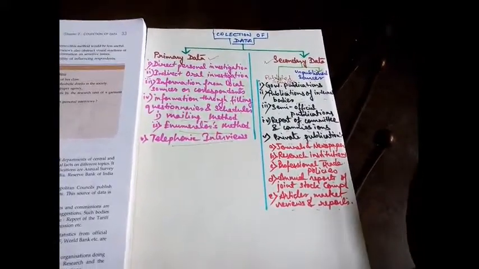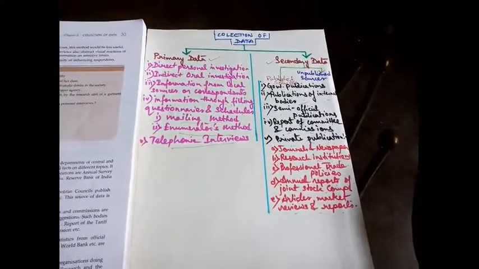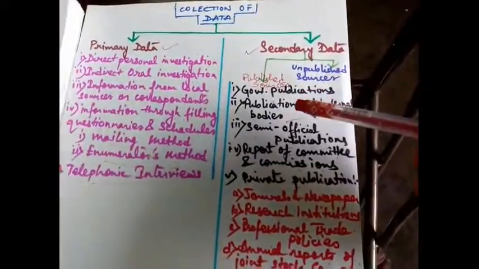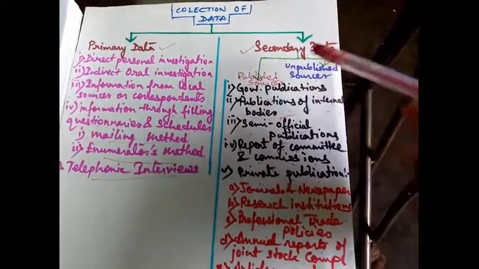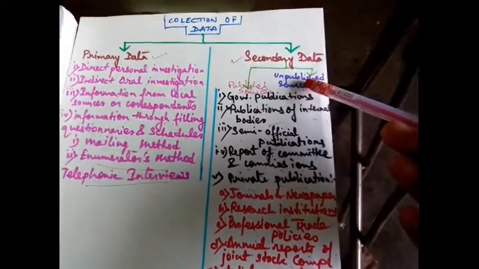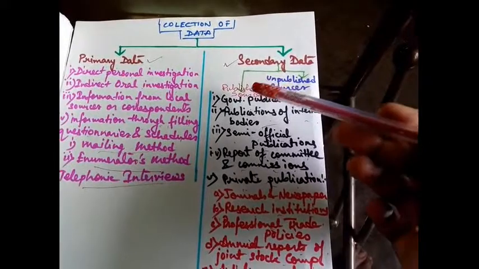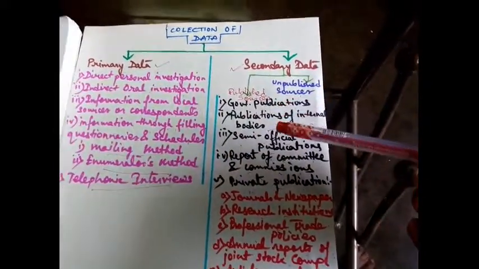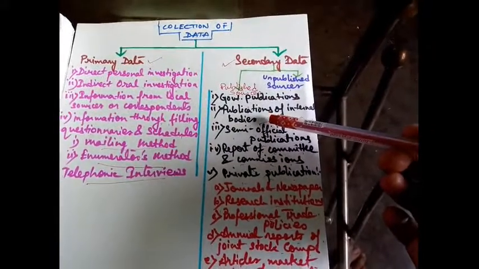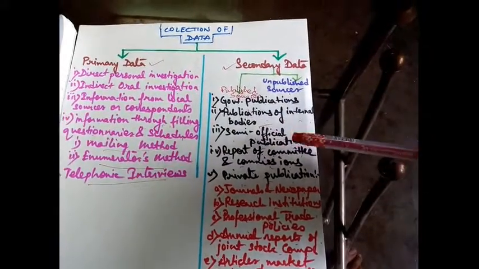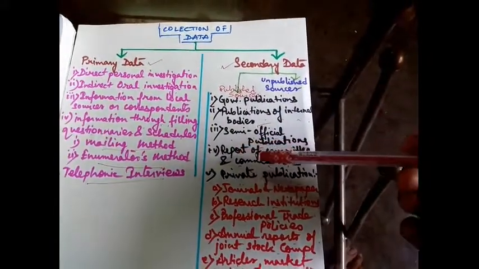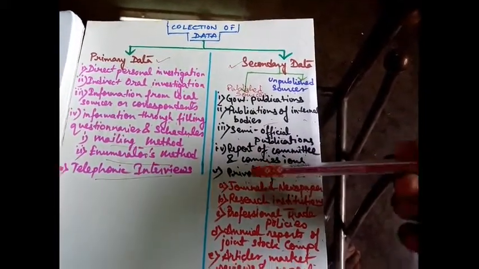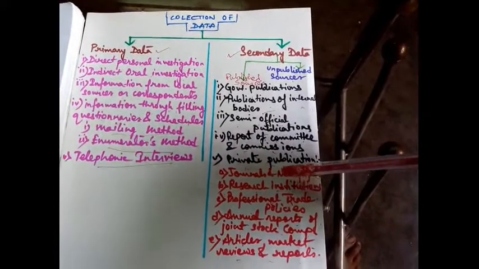So there are two sources to collect this secondary data. Here I have written for you published source and unpublished source. Under published source there are many things: government publications, publications of international bodies, semi-official publications, reports of committees and commissions, private publications.